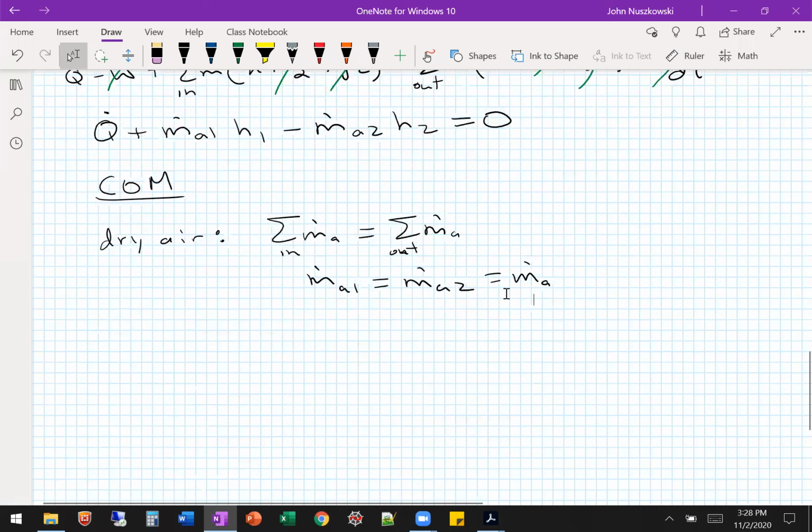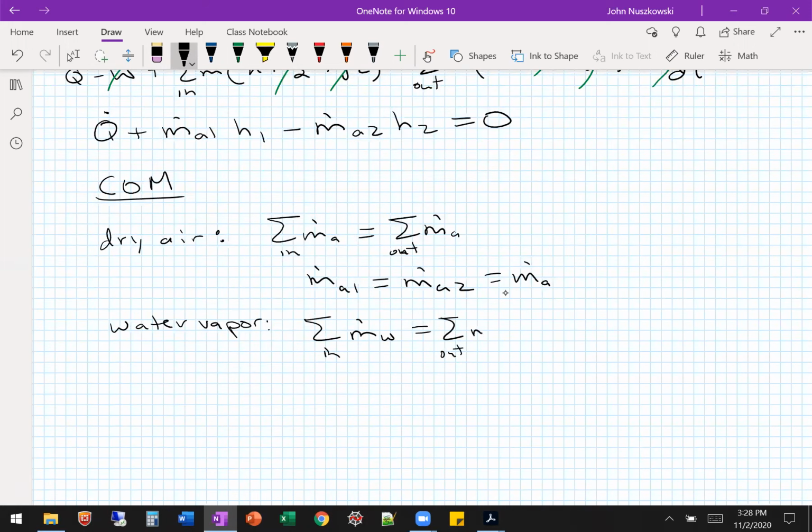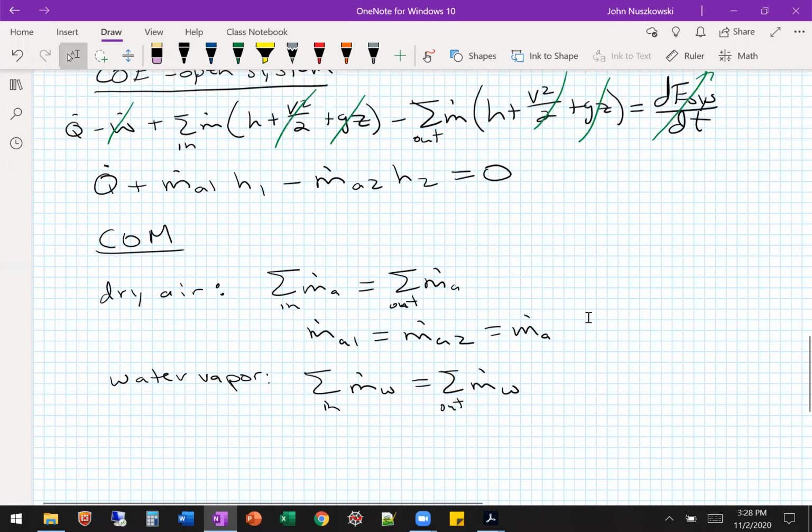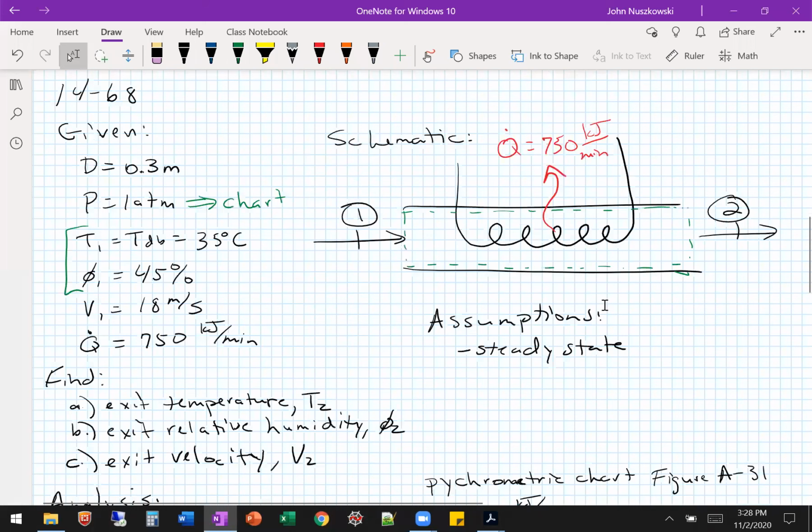And then we do our water vapor. Okay, so if we look at our diagram, we have some water vapor that's coming in with the dry air at 1.